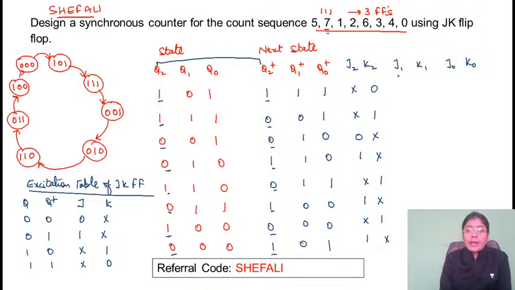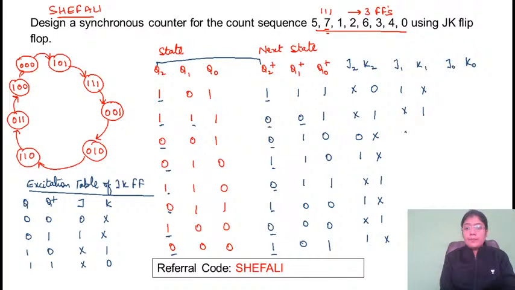Similarly, write the values of J1 and K1. I'm writing the values here. You also write the values, and then you can tally. 1, don't care. Then it's 1 and 0. For 1 and 0, it's don't care 1. Don't care 1.